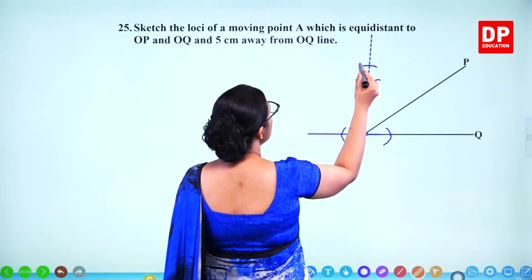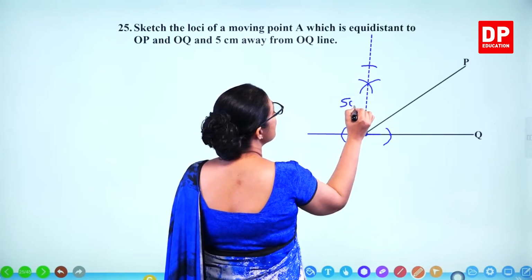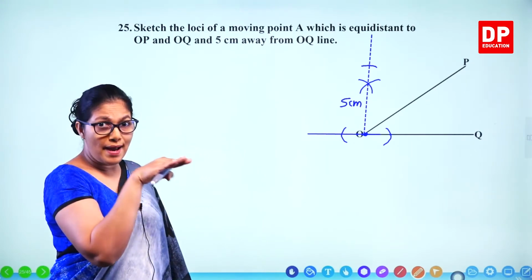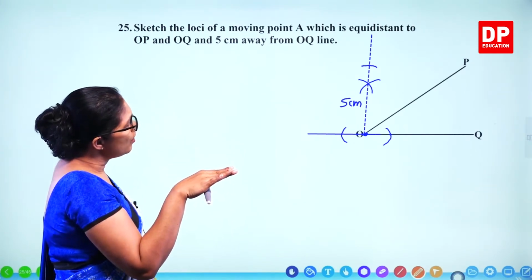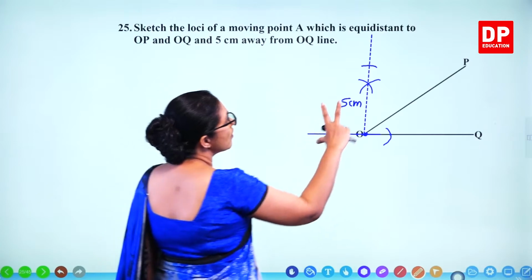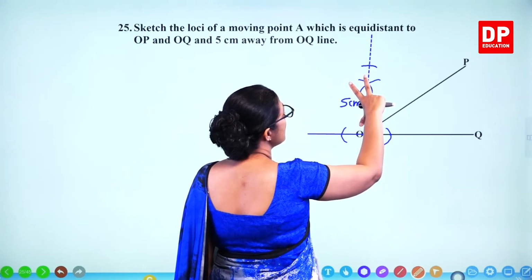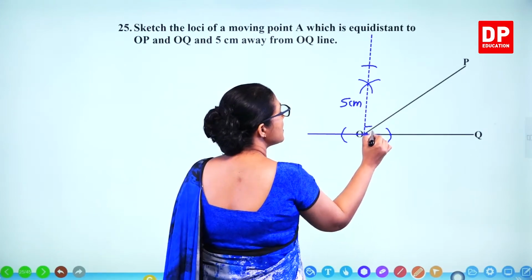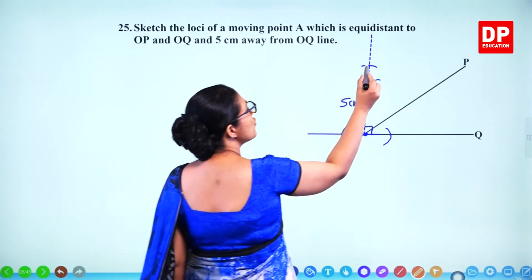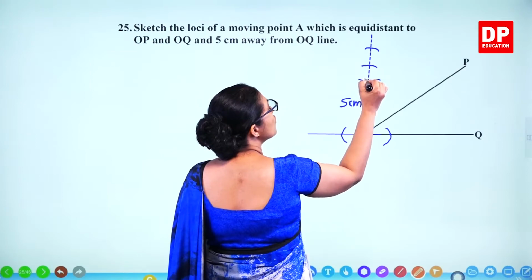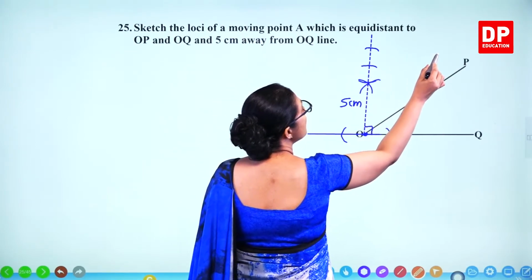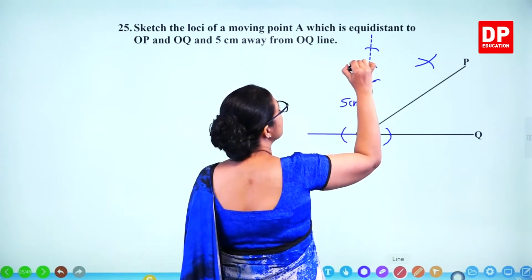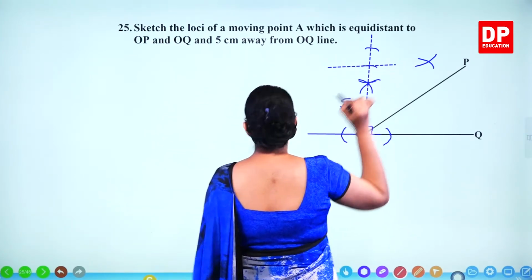So this is 5 centimeters, from here to here. Then you have to draw the parallel line. We can use 5 centimeters here. Draw a perpendicular to this one because this is 90. Again, draw a perpendicular to this point. Draw 2 arcs like this, then mark the other 2 arcs and connect.